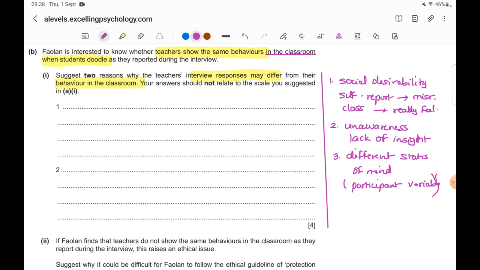Okay, it could also be situational variables for that matter. It could be that when the teacher answered the interview, till then she had not had an experience of students doodling too much or in a very distracting way.